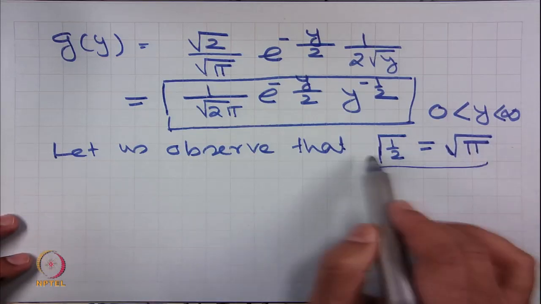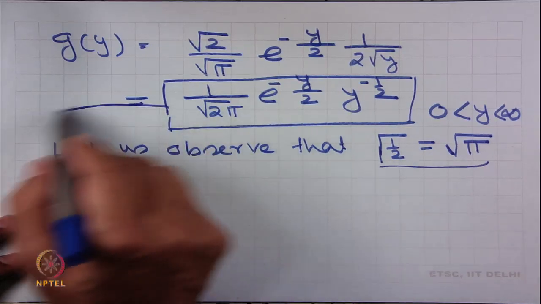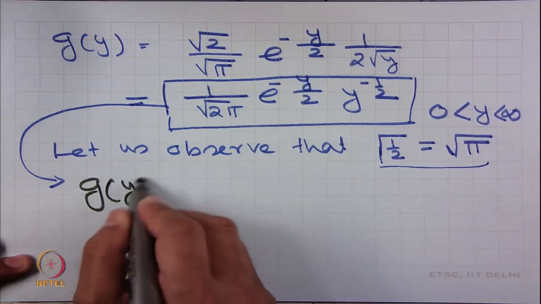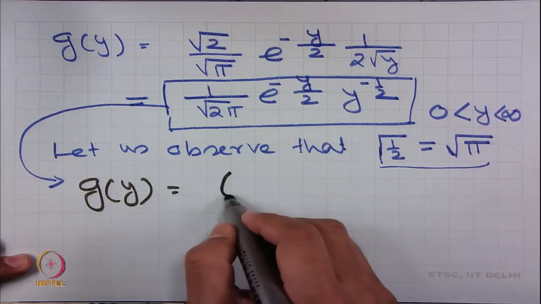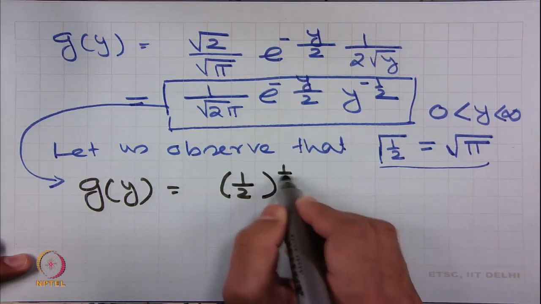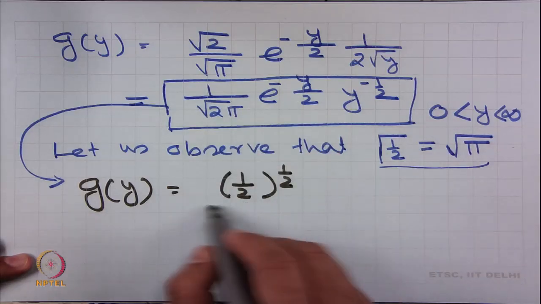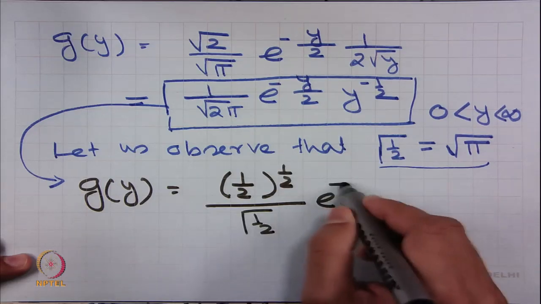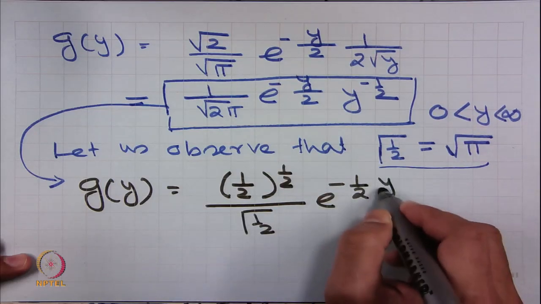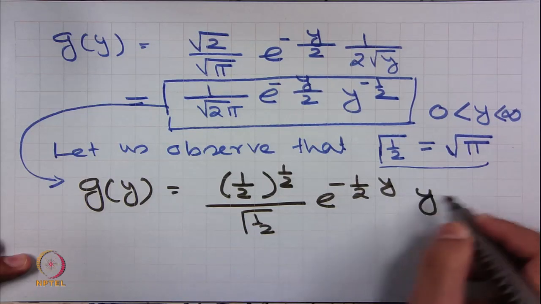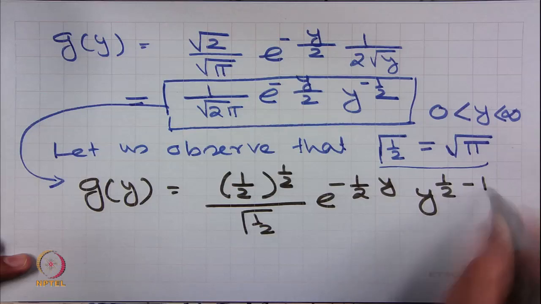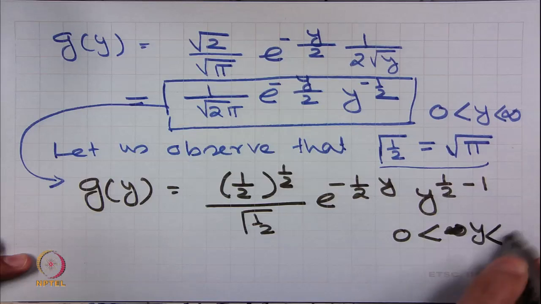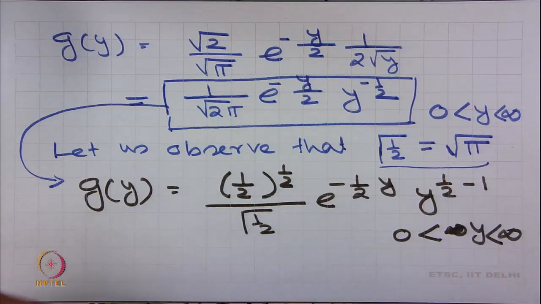So, I am utilizing this property and writing g(y) is equal to (1/2)^(1/2) upon gamma half, e to the power minus half y, y to the power half minus 1, for 0 less than y less than infinity. Do you remember this density?